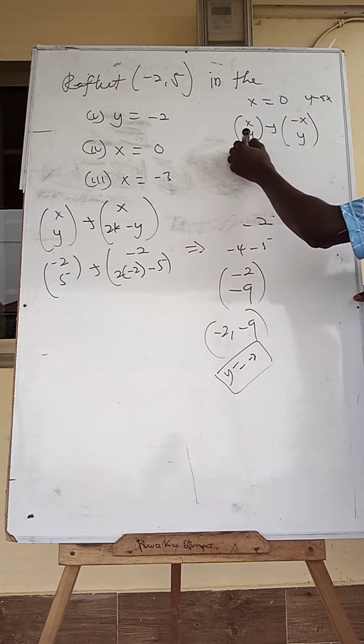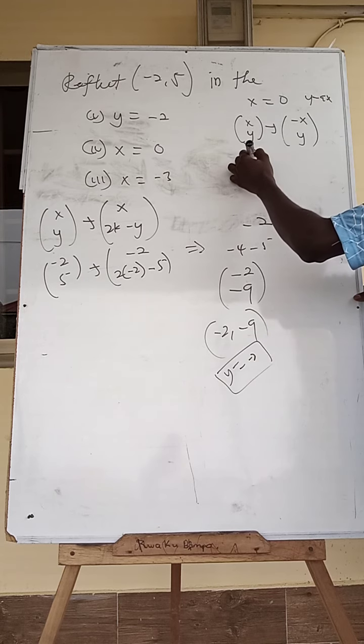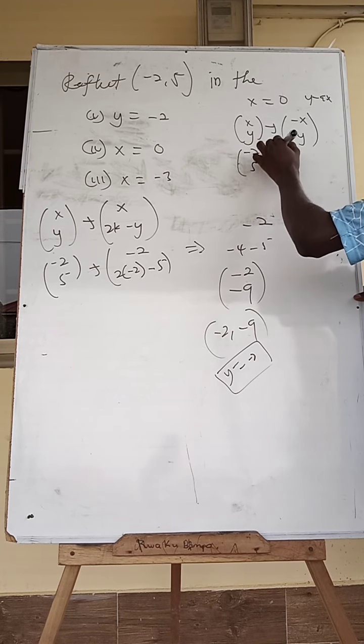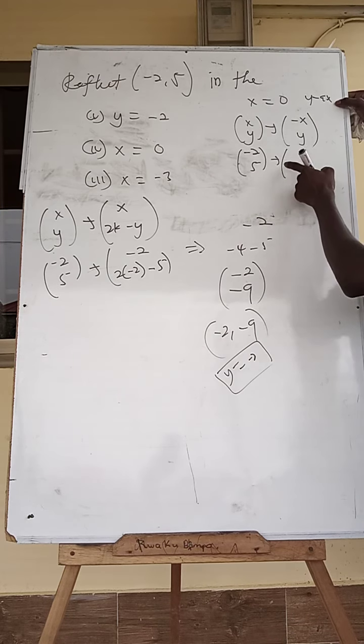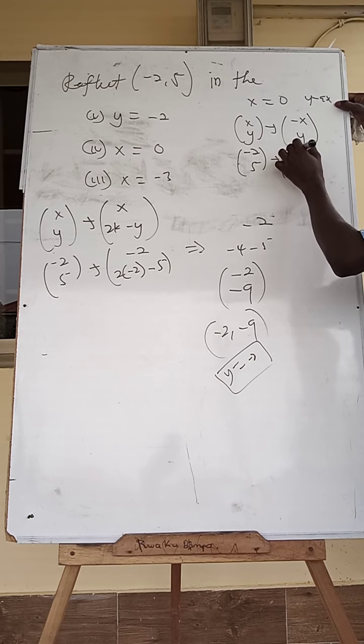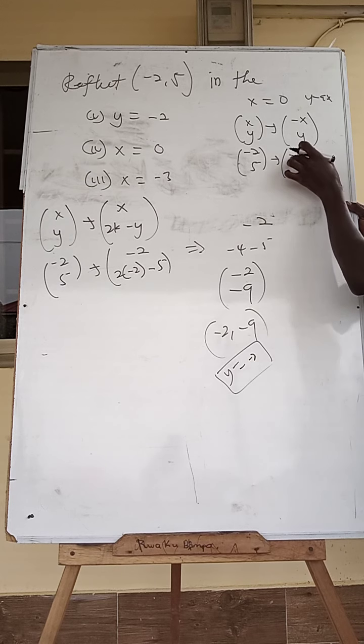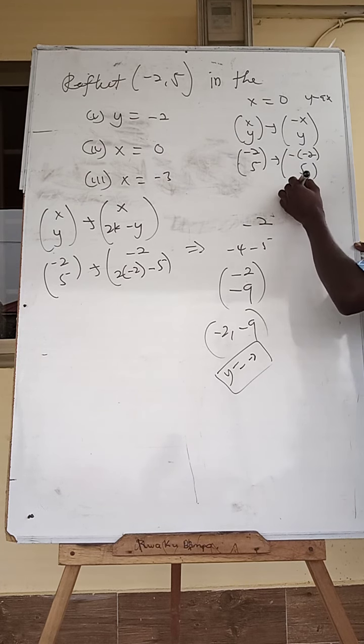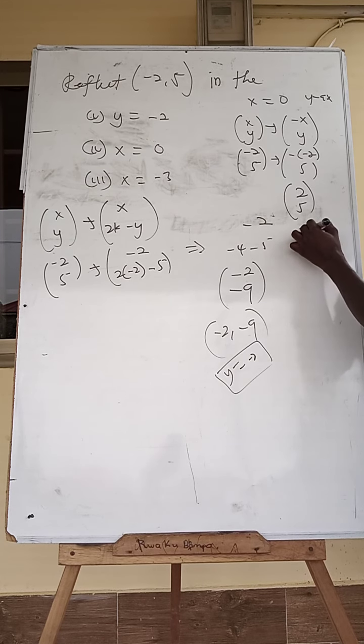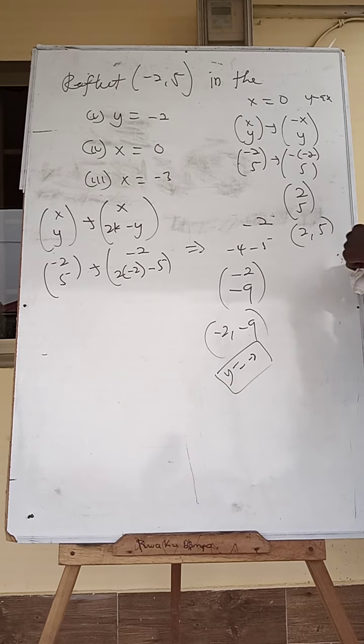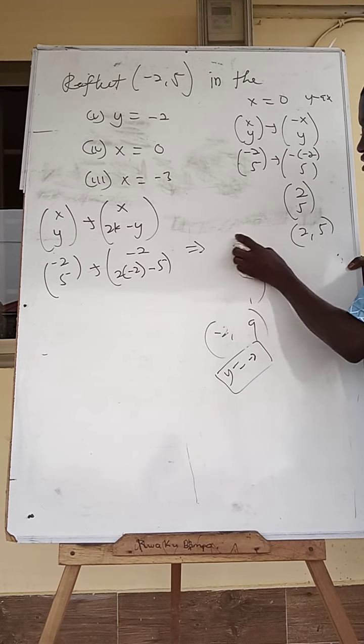So here the point negative 2, 5, you are negating negative 2, and 5 stays. The thing is already negative, so if you negate another negative, it becomes positive. So the second one is 2, 5. You can write it 2 and 5. So that is that.